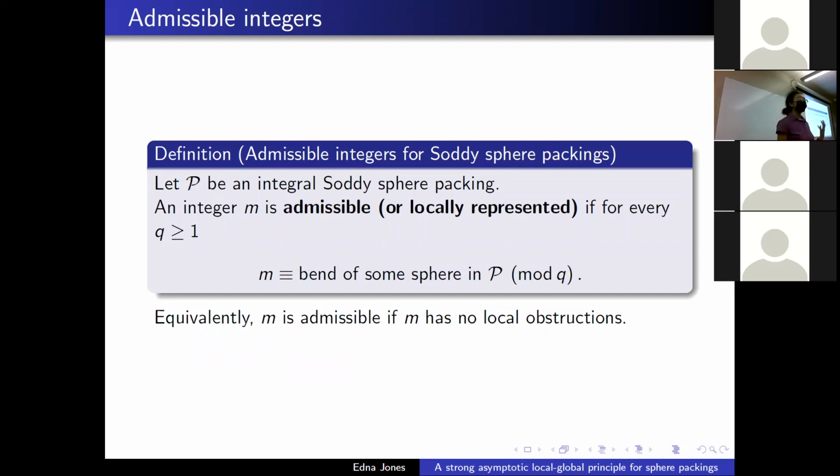Equivalently, m is admissible if and only if it doesn't have any local obstructions. So in order for an integer to be a bend, it has to be admissible. There should not be any congruence obstructions for it to be a bend.